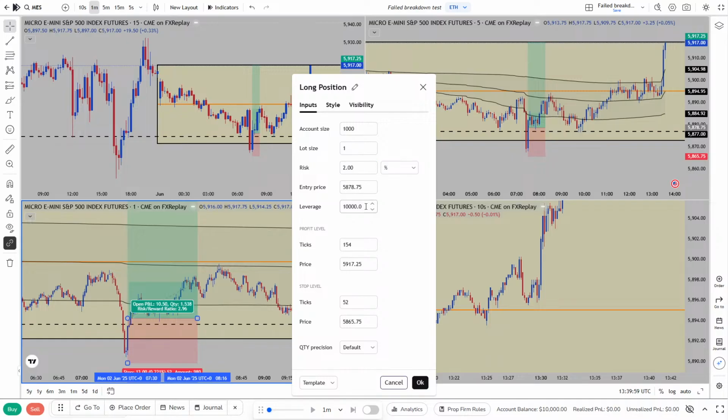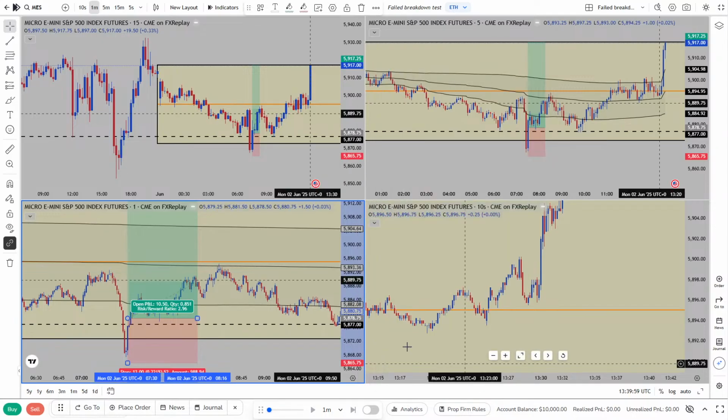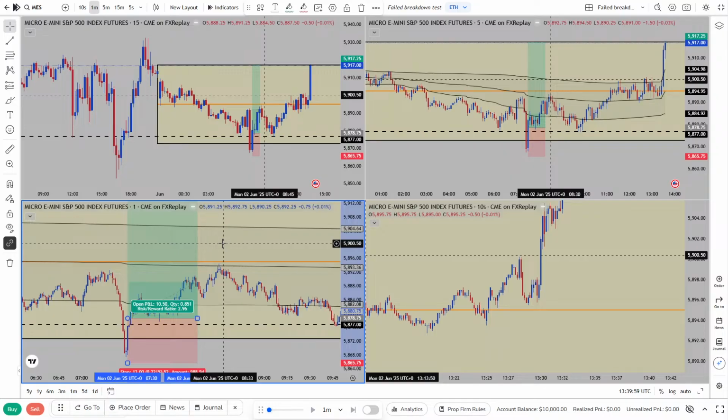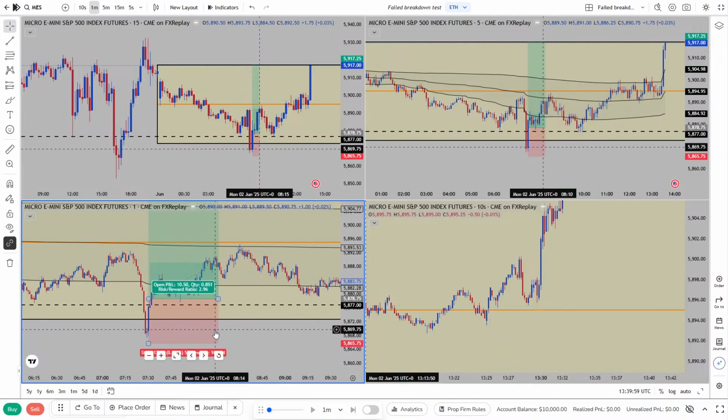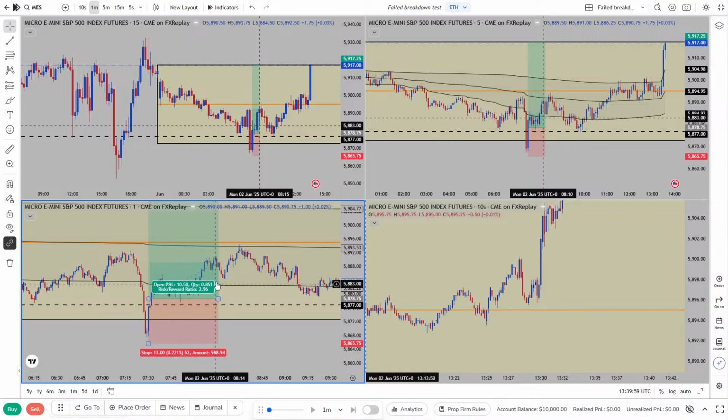Enterprise leverage, I think it's 5, okay, it's 5 or 55, we don't care. Price profit level 59.70, stop level 50.65, that's okay. So we're looking for a quantity. It's just 0.1, so it's just like 1 micro.